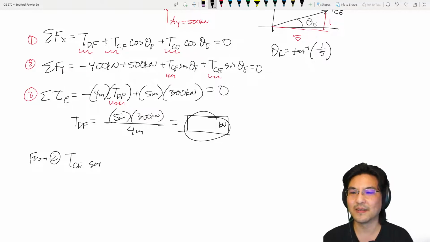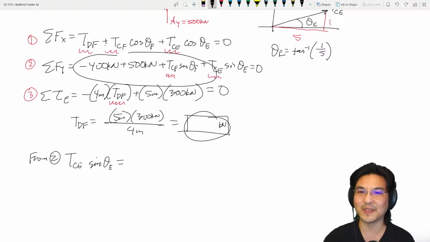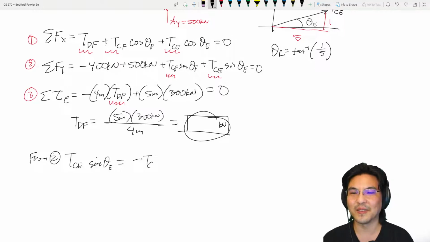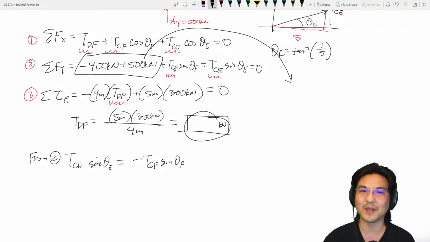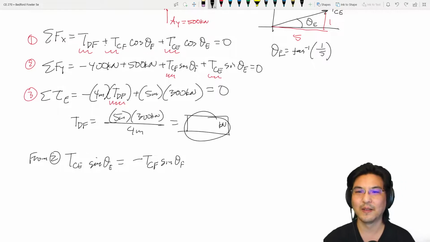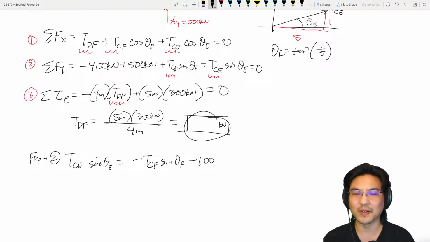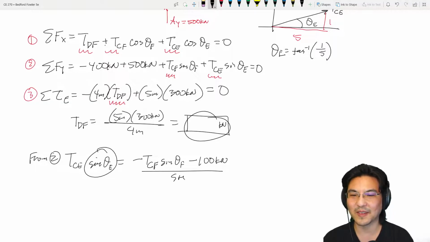TCE sine theta E equals, moving all this to the other side of the equation, negative TCF sine theta F. This is actually 100k, which goes on that side and becomes negative 100k over sine theta E.